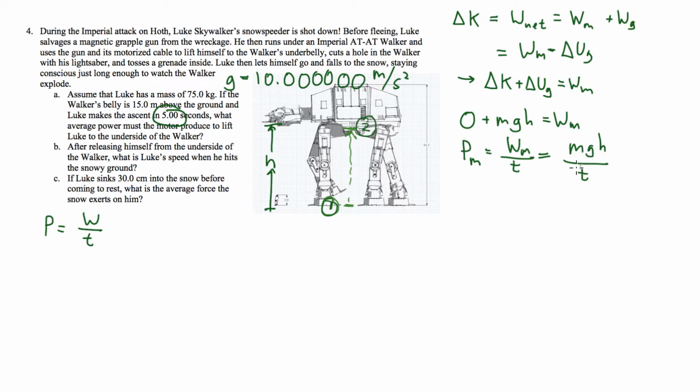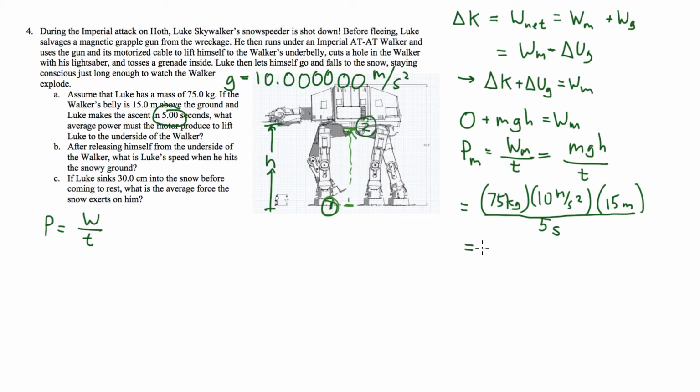All right. So what that gets you to is Luke's mass is 75 kilograms, and g is 10 meters per second squared, and h is 15 meters, and that is all divided by 5 seconds. So let's see, 3 times 75 is 225.